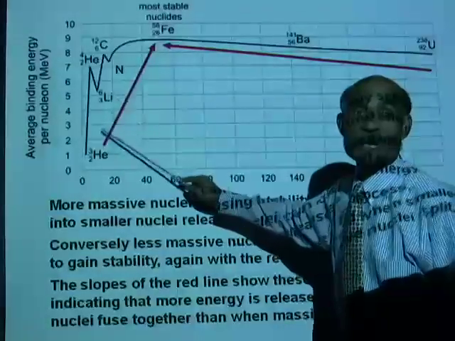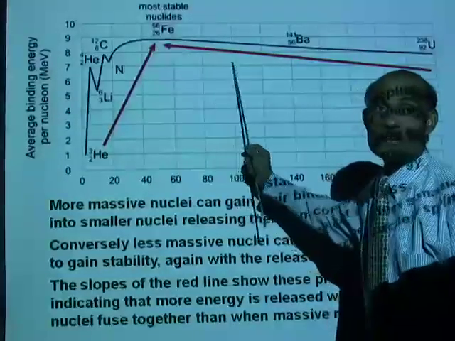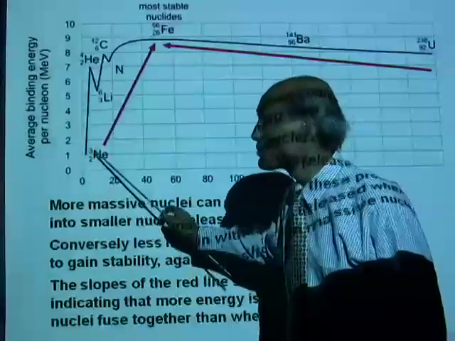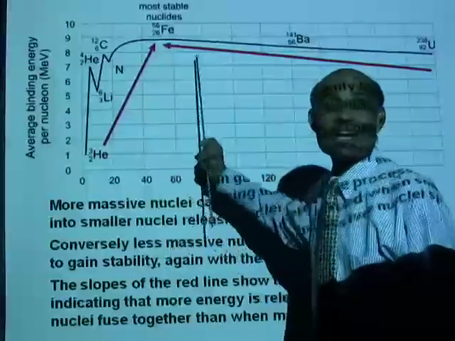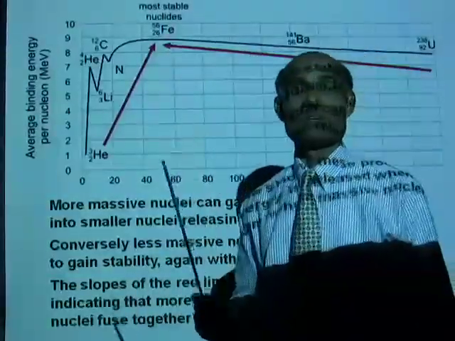Well, if you look at these two lines, the slope of this line is much larger than the slope of this line. What that means is the energy released during the fusion process is much greater than the energy released during the fission process.